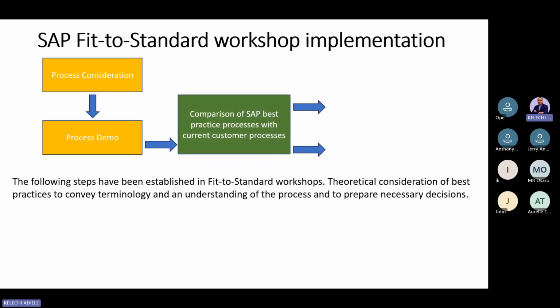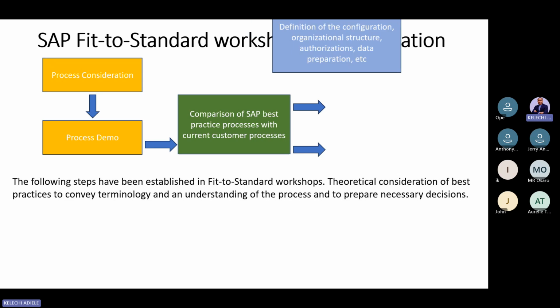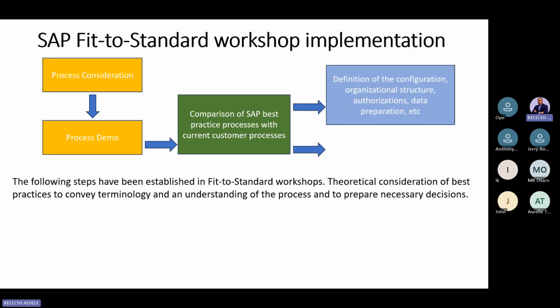The next will be to do a comparison of the SAP or Sage best practice with the current customer process. That's where you compare the process, in order to identify the gaps. And of course, the next is definition of configuration, organization structure, authorizations, and data preparation.